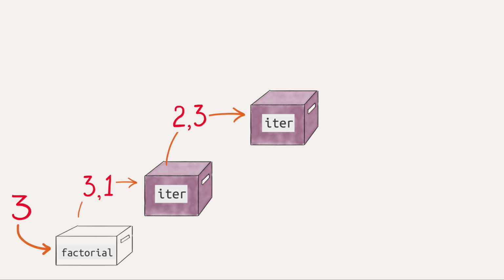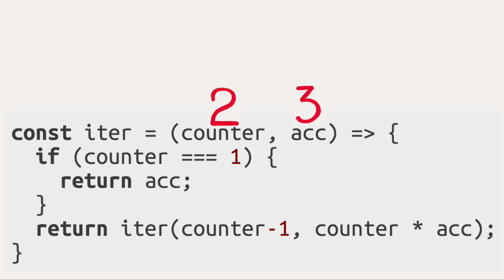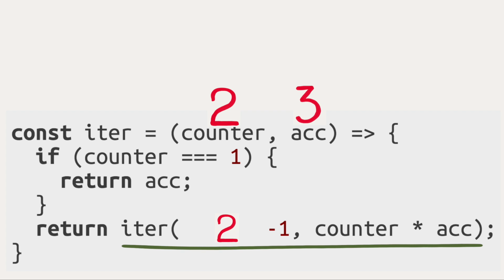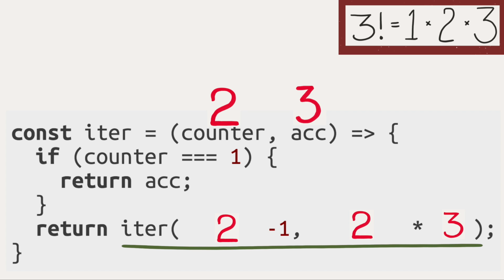It accepts 2 and 3. Counter is not 1, so it tries to return, but it can't. It needs to get the value from a new iter instance called with 2 minus 1 as the first argument and 2 times 3 as the second argument. We haven't finished yet, but we made a useful multiplication. 2 times 3 is one of the multiplications needed to find 3 factorial.